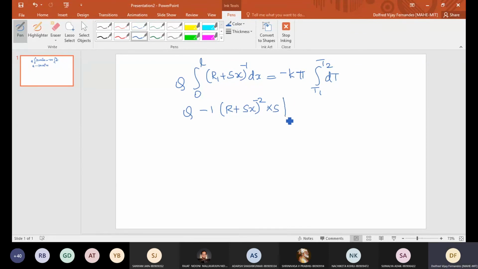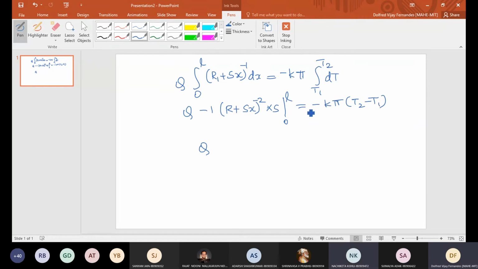Apply the limits 0 to L, and on the right hand side we know this will be K into pi into T2 minus T1. Okay, so substitute for S, with the minus sign here.